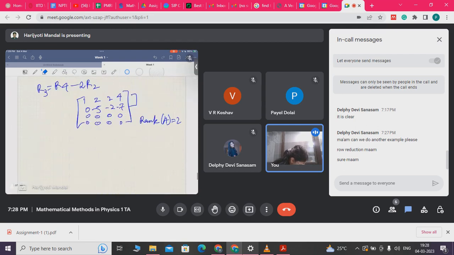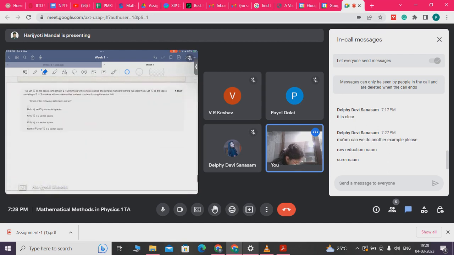Equation 5 has been done. Like we have done in question number 9, quickly finish question number 10. If V1 is the space consisting of 2 by 2 matrices with complex entries and complex numbers forming the scalar field, and V2 is the space consisting of 2 by 2 matrices with complex entries and real numbers forming the scalar field.